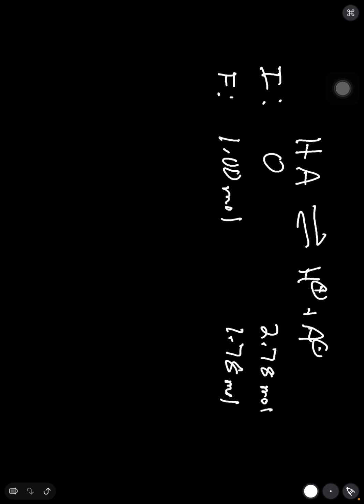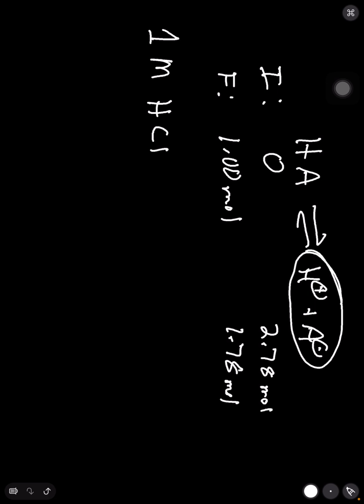Okay? And we're doing this by adding 1 molar HCl. All right, HCl is a strong acid. It serves as a source of H plus, right? And as you add H plus, it's going to overload this side of the equilibrium, and the equilibrium will shift this way, right?